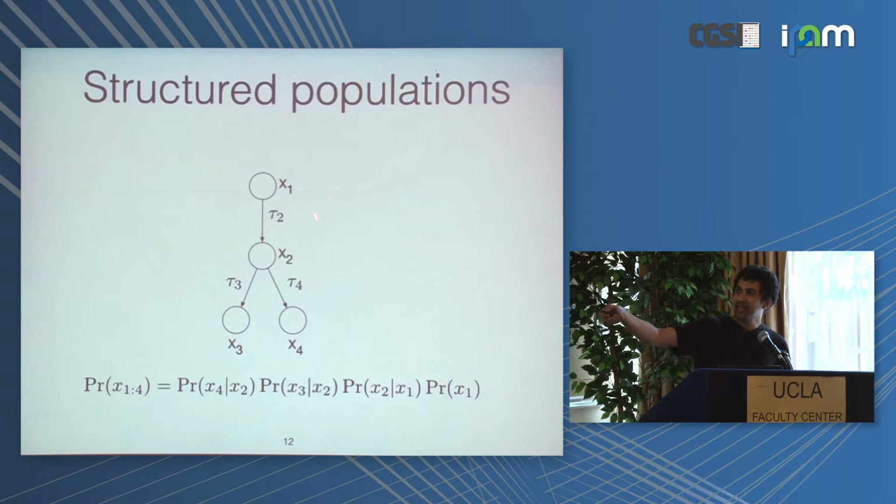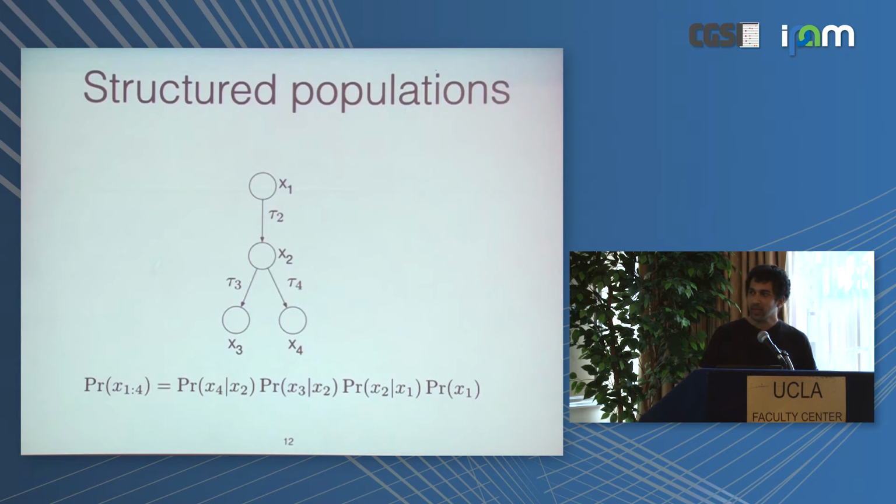And the edges tell you what are the dependencies amongst these random variables. So what we're seeing here is x1 evolves to form x2, and then x2 splits into two populations, and they evolve independently. So what this model is telling us is, once I've given you information about the allele frequency x sub 2, the allele frequencies in x3 and x4 are independent, conditioned on x sub 2.